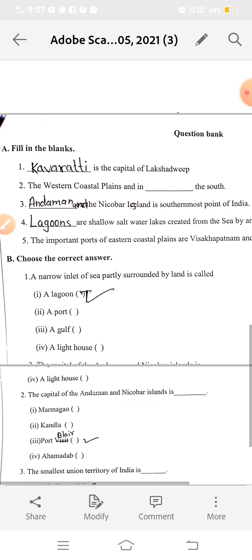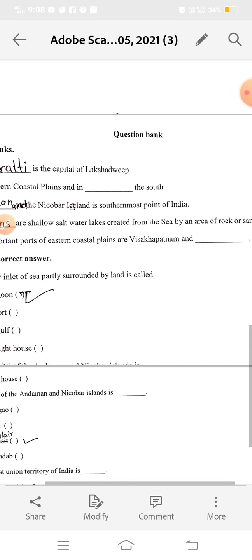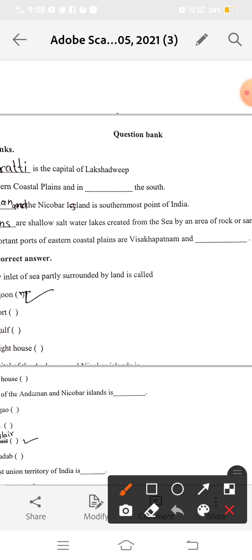Now here is, the important ports of the eastern coastal plains are Visakhapatnam and Paradeep. Right here, Paradeep.